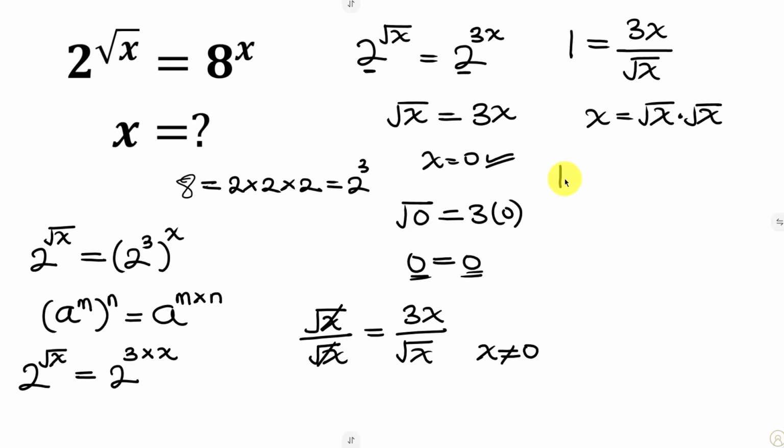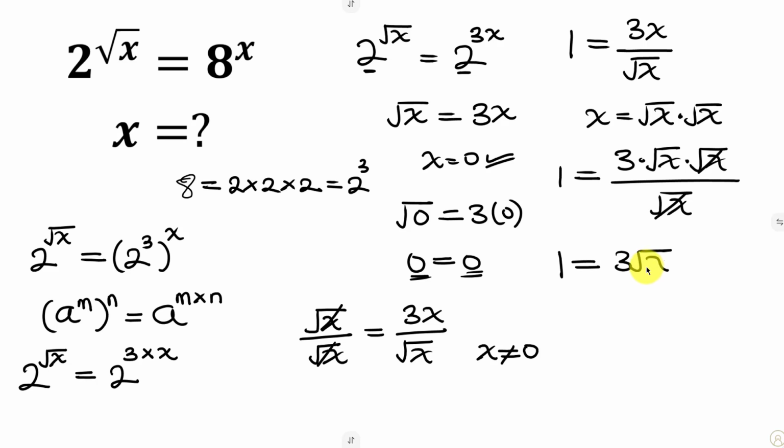So we have 1 equal to 3 times the square root of x times the square root of x, all over the denominator, which is the square root of x. Now see that this square root of x cancels out this, so we have 1 equal to 3 times the square root of x.